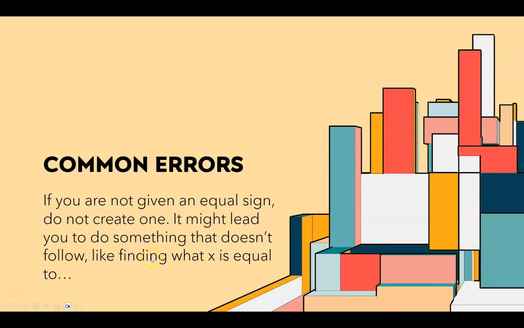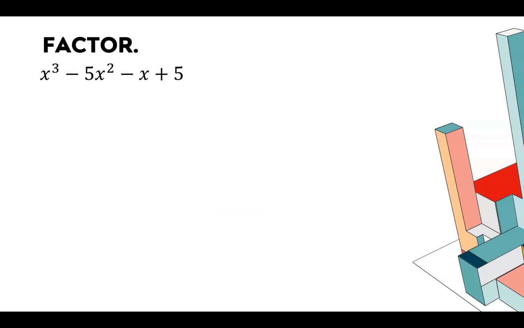You're going to end up with, hey, x is equal to something, because instead of factoring, you ended up finding the root. So just watch out for that. It's attention to detail, looking at what you wrote on the previous line rather than guessing what to do.